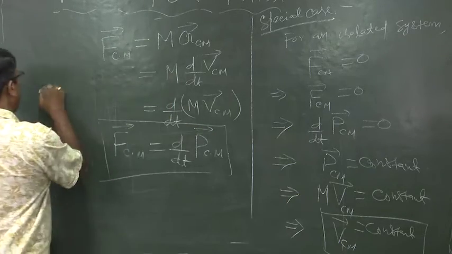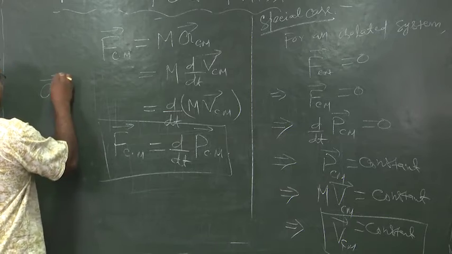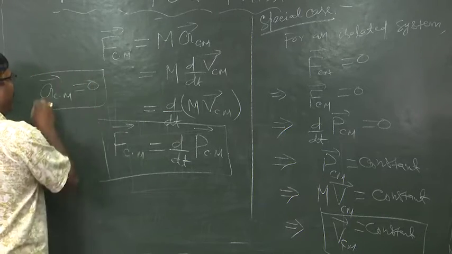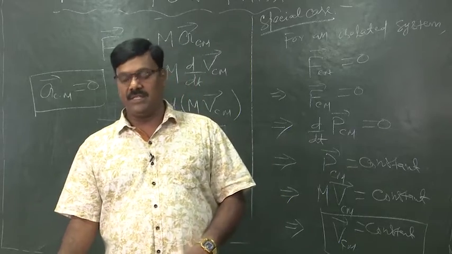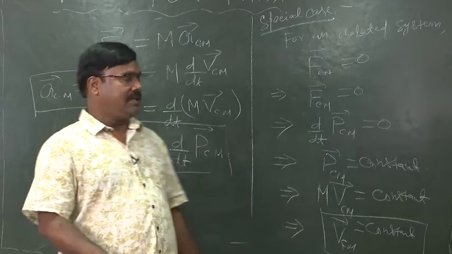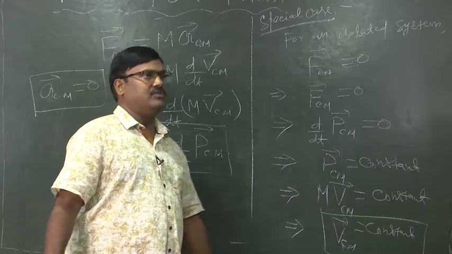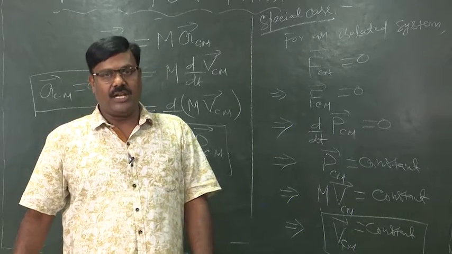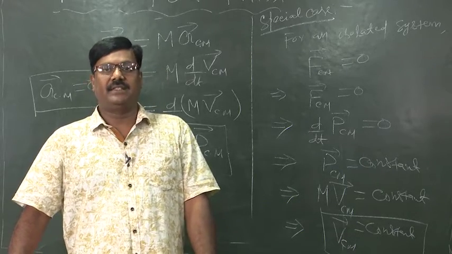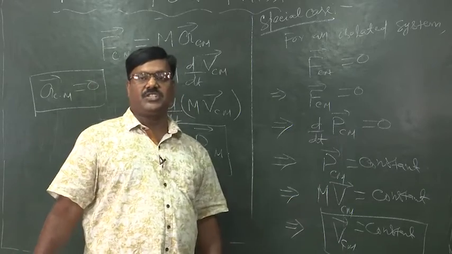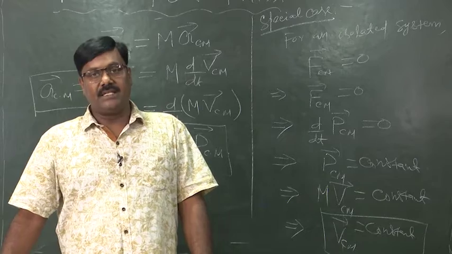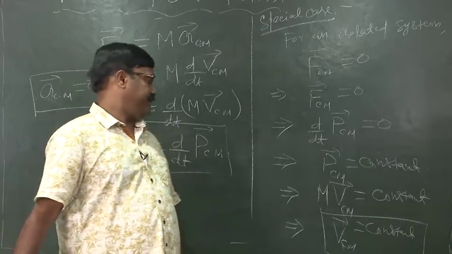That means A center of mass is equal to 0 for an isolated system. That means the velocity of the center of mass of an isolated system is constant, which explains that the center of mass of a system of particles moves uniformly.